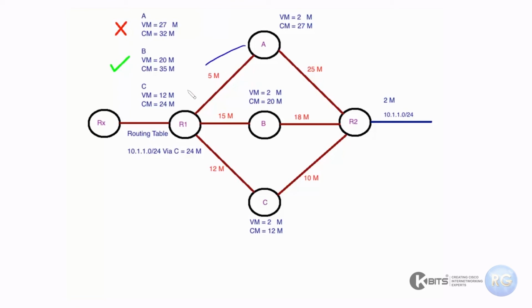Now, A sends those metrics to R1. What does A send to R1? A will send his composite metric to R1, which R1 calls the advertised distance, reported distance, or the vector metric.